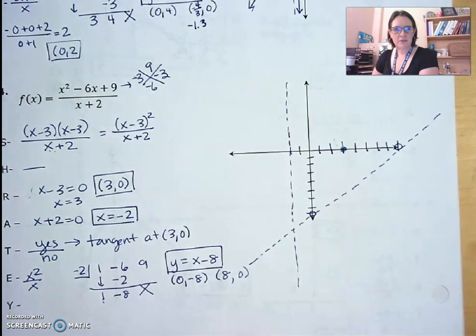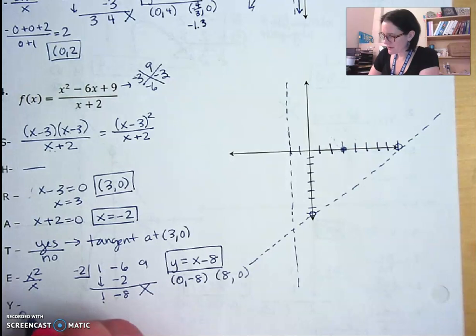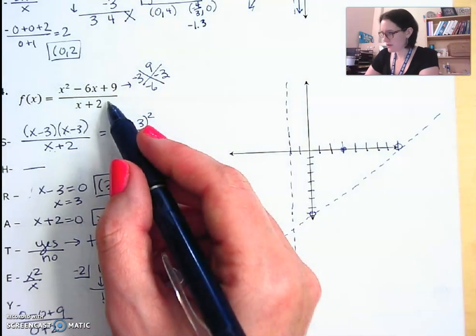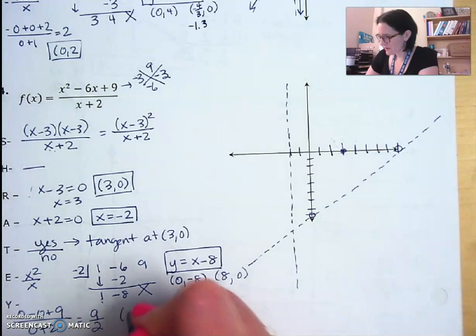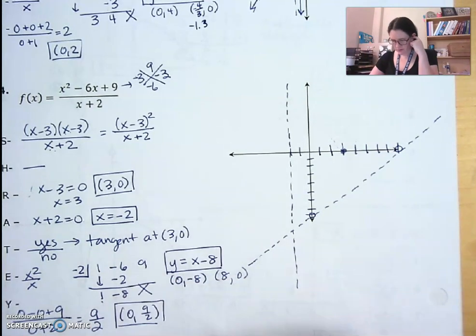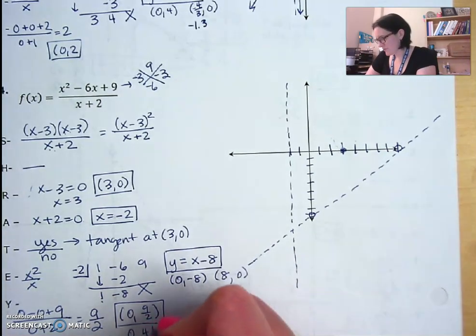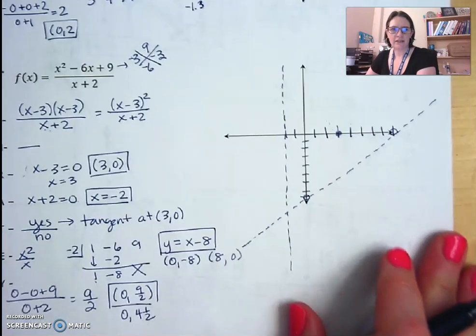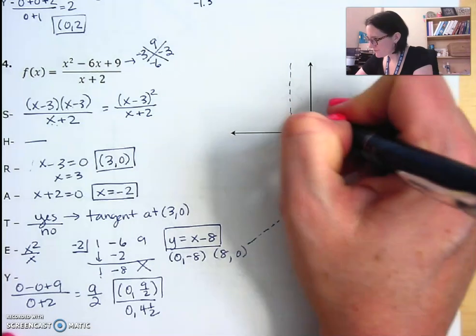Now my y-intercept, put 0 for all the x's. I'm using standard form, the original equation. So that is 9 over 2, so 0, 9 halves, or you can think of it as 0 and then 4.5. And that is going to be a solid point because it's on the graph.